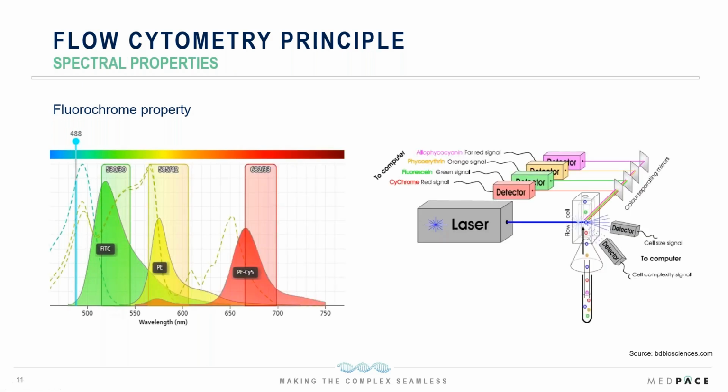Over time, different fluorochromes have been developed that can be specifically detected by different filter sets. So the same light source can excite and create specific light patterns for these three fluorochromes. And in the flow cytometer, you have a spectral setup that enables this detection.